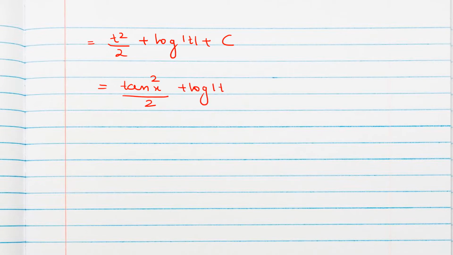For the first integral, power rule gives t square by 2 plus log of mod t plus c. So t is what? Tan x. So tan square x by 2 plus log of mod tan x plus c.